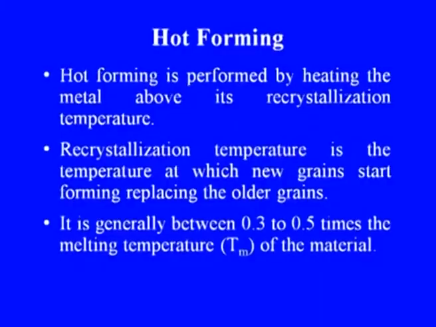Hot forming is the process which is performed by heating the metal above its recrystallization temperature. The recrystallization temperature is the temperature at which new grains start forming, replacing the older grains. It is generally between 0.3 to 0.5 times the melting temperature of any material.